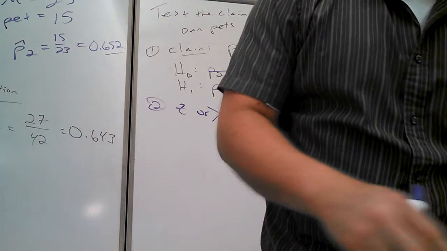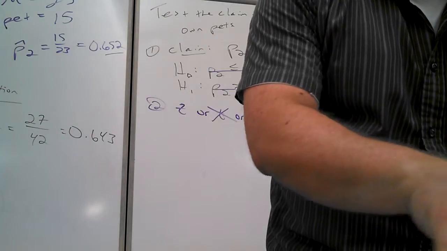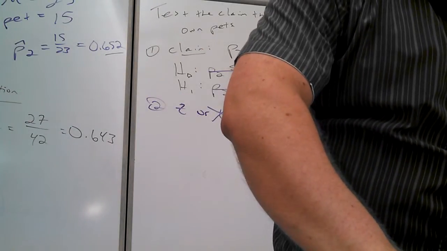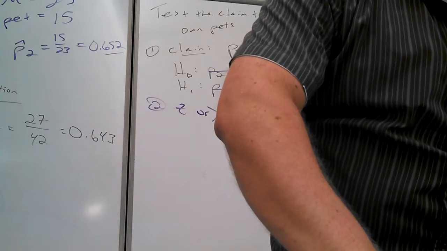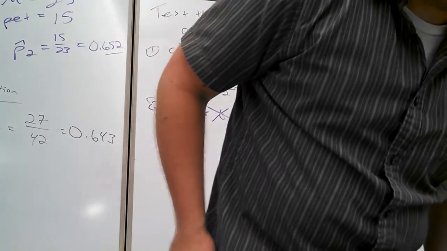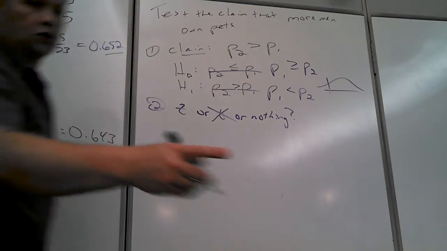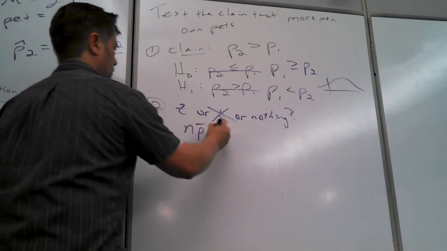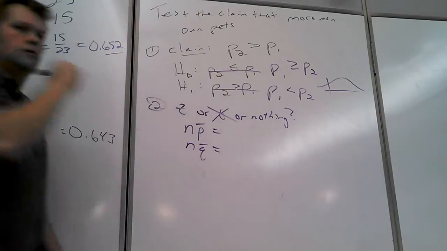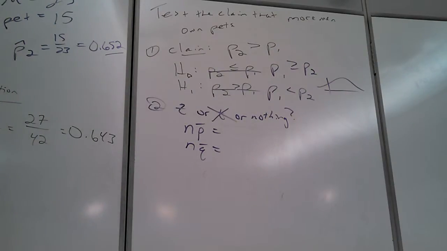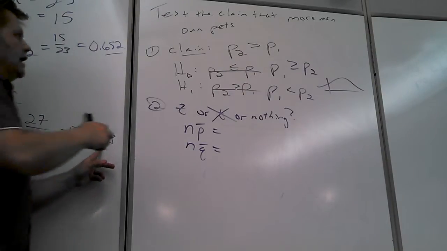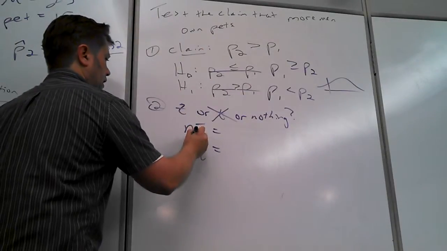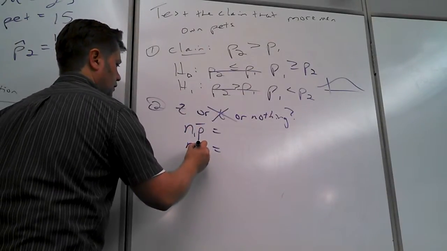Good. I love it. And you'll see, I think they say it here somewhere. No, they don't. Those dorks. What you actually need to use is n p bar and n q bar, because that's your best guess for the real percentage, is the bar. So what was p bar? 0.643. What's n? And actually we need n1 and n2.